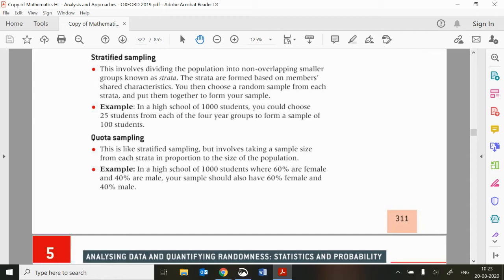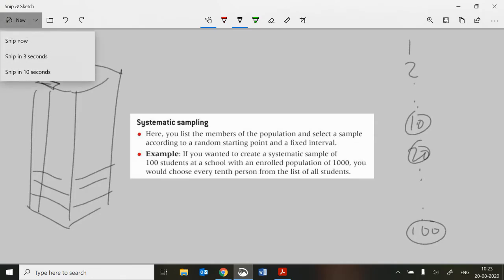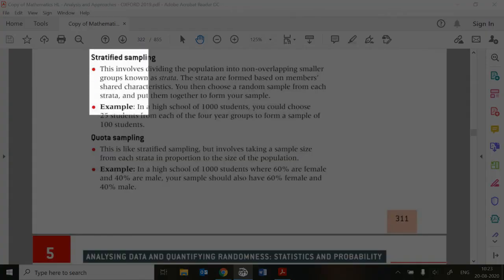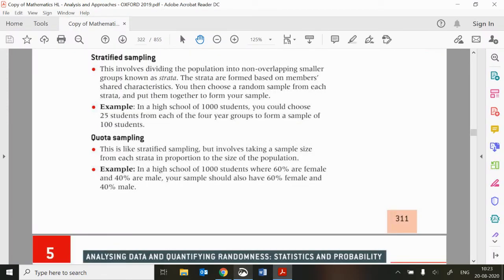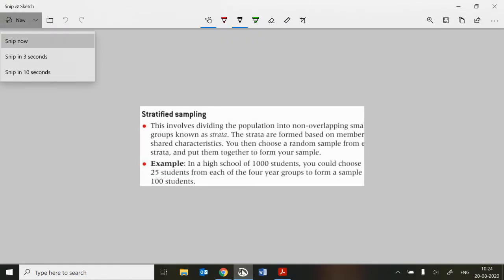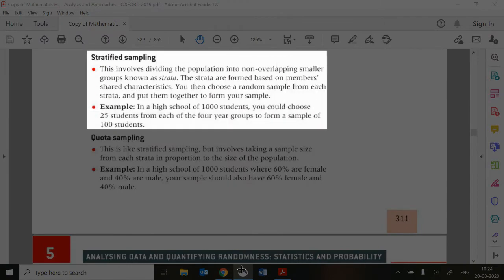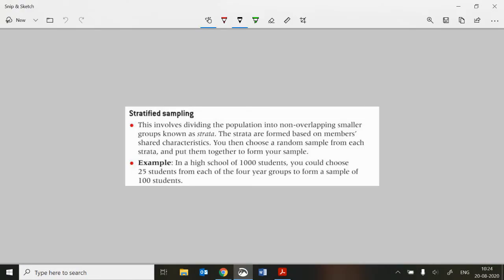So stratified sampling says this involves dividing the population into non-overlapping smaller groups known as strata. Now, really important, it says non-overlapping. Okay, so there's lots of ways in which you can divide up your population.